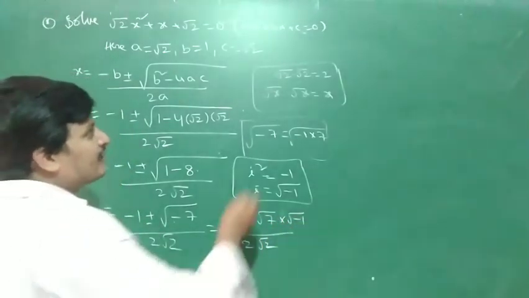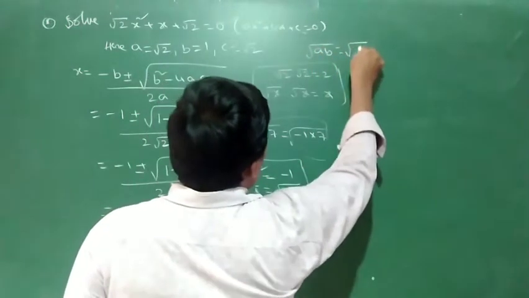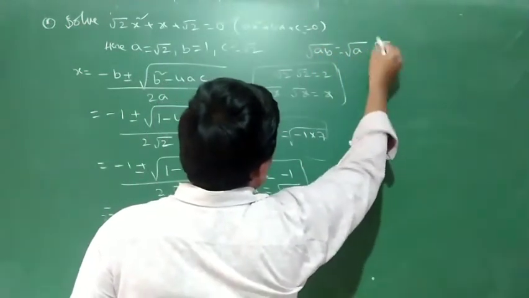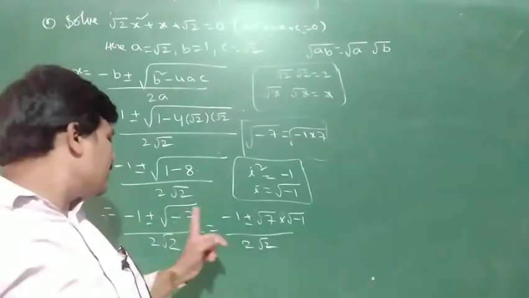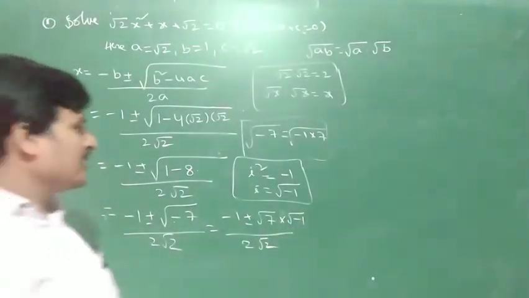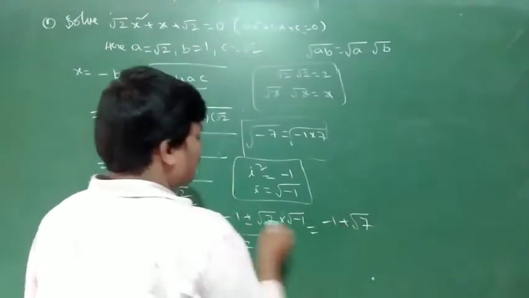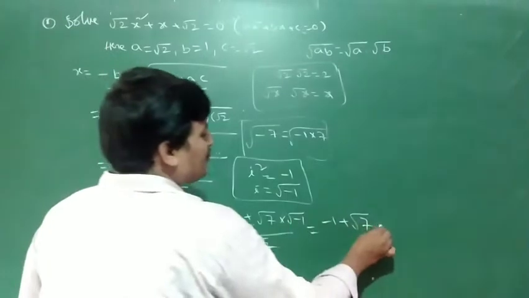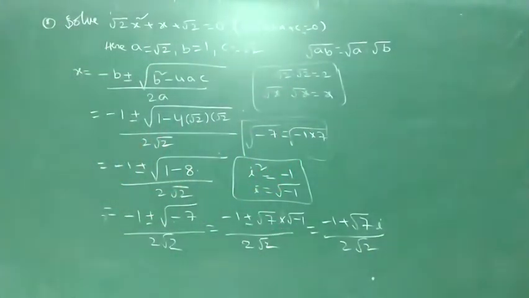As I explained yesterday, root of a into b is equal to root a into root b. So here a into b, b is equal to minus 1. So that is equal to minus 1 plus or minus root 7 into root of minus 1, which is i, by 2 root 2.